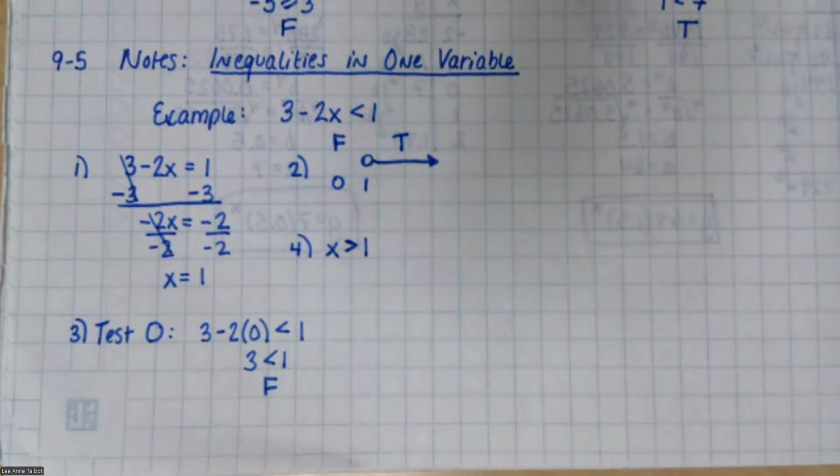Okay, now before I'm actually done, before I stop, I just want to point out one little thing. In the original problem, what is the inequality symbol? Which alligator is that? Less than. Okay. And in the final answer, what alligator is that?